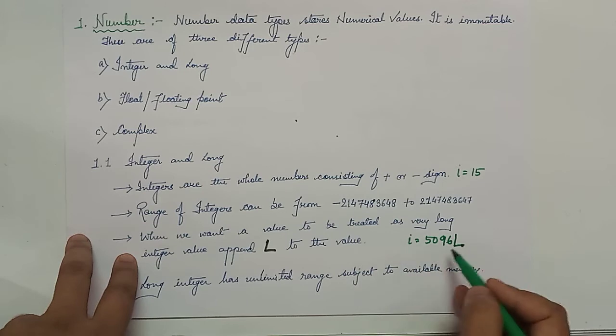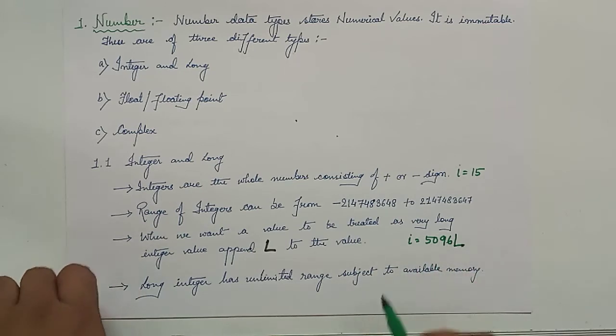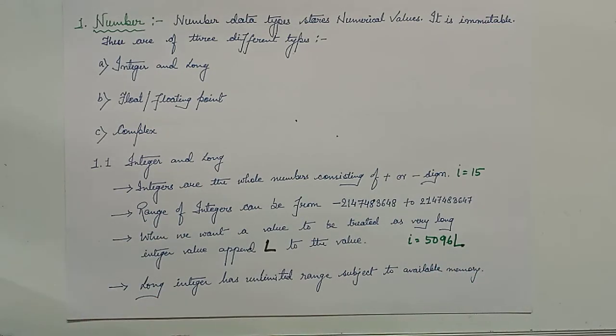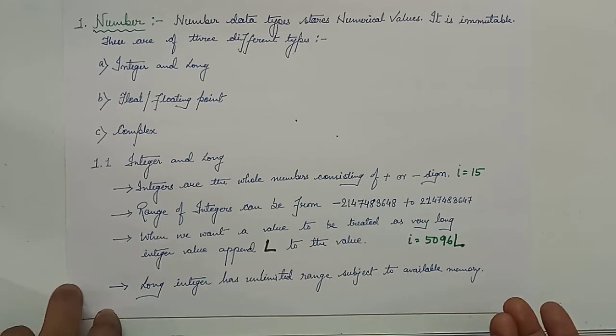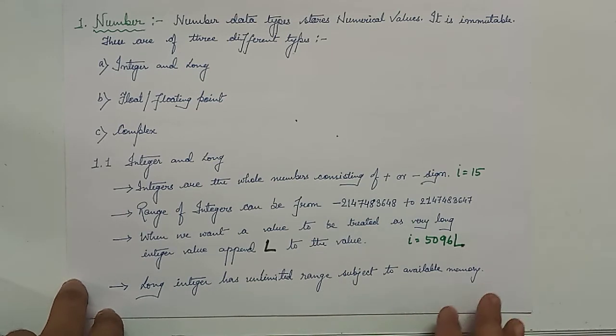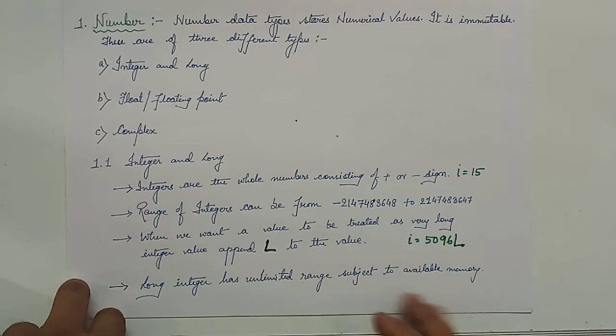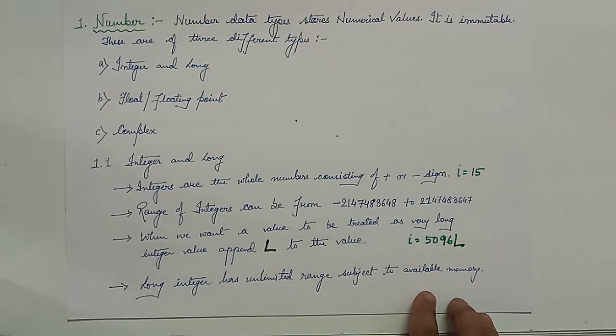So this will be treated as the long integer. Now the range of the long integer has the unlimited range subject to the available memory. It means as much memory as is available in your computer, the long integer can reach that limit. So it has no limit basically. It depends on the memory present in your computer.